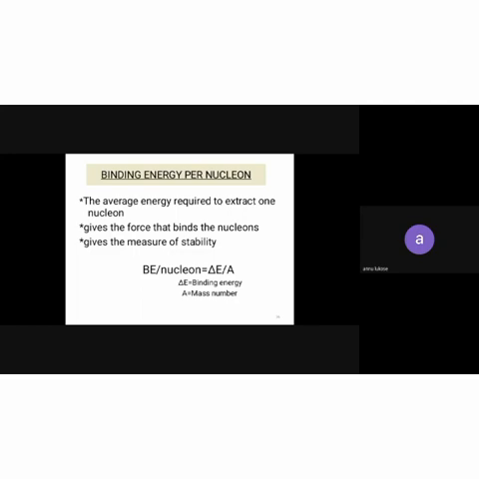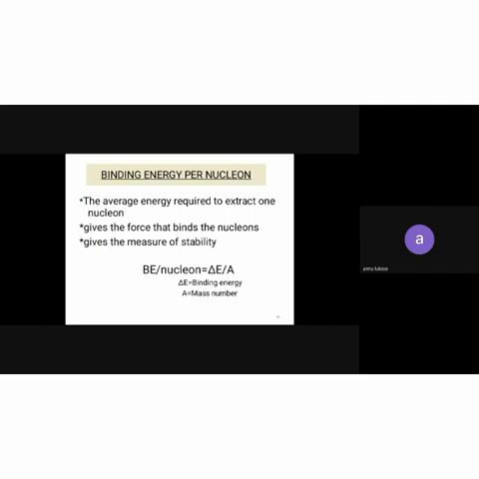The next is binding energy per nucleon. It is the average energy which is required to extract one nucleon from the nucleus. The equation is delta E by A, where delta E is the binding energy and A is the mass number.